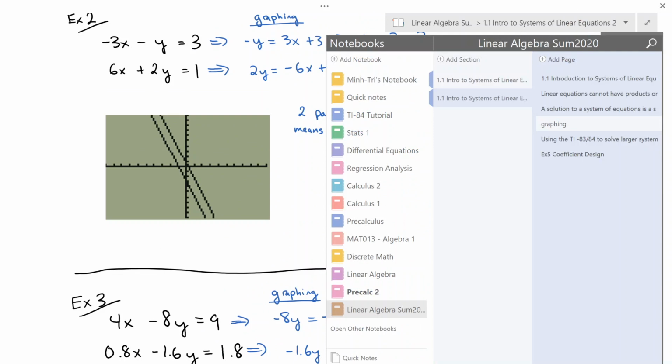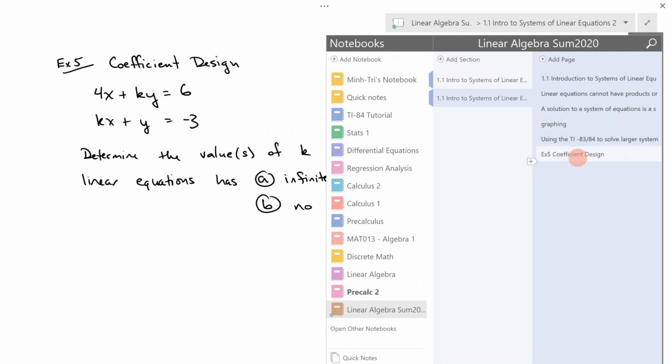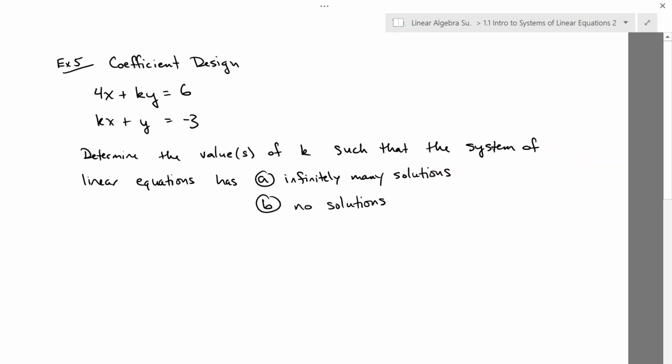So when you see 0 equals something, either 0 or something else, that's either no solutions or infinitely many solutions, right? So for infinitely many solutions, we want to look for the form 0 equals 0, and for no solutions, we want to look at the form 0 equals some other number. Okay, and then how we produce this form is, I mean, you can use either substitution or elimination.